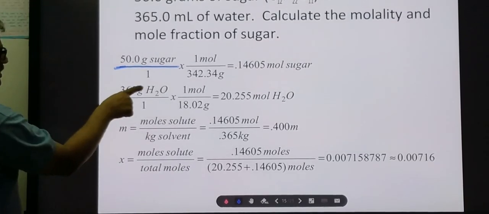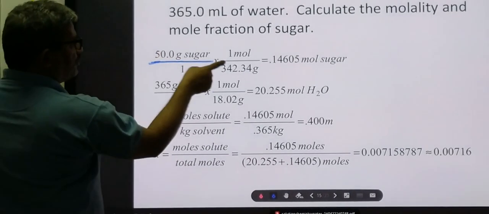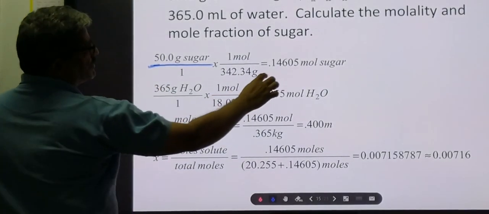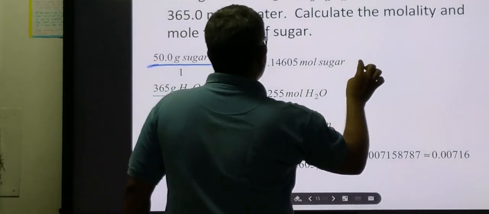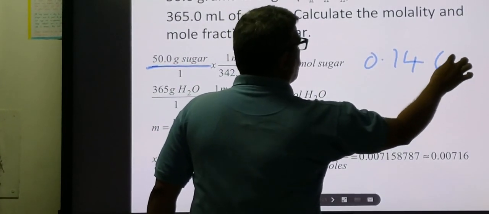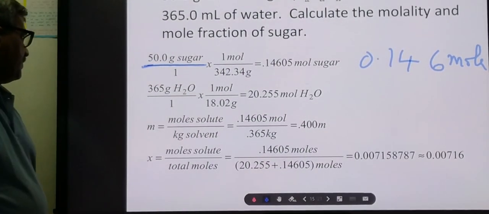This many moles of sugar is 0.146 moles. This is the number of moles of sugar.